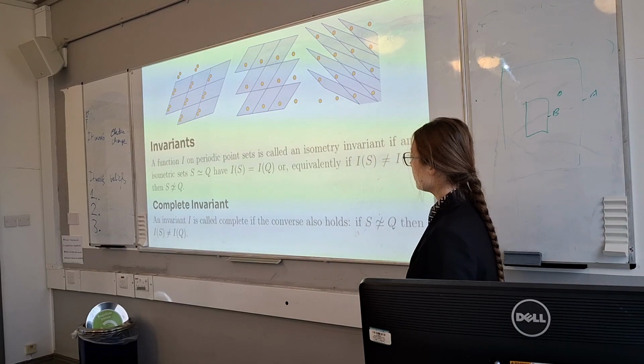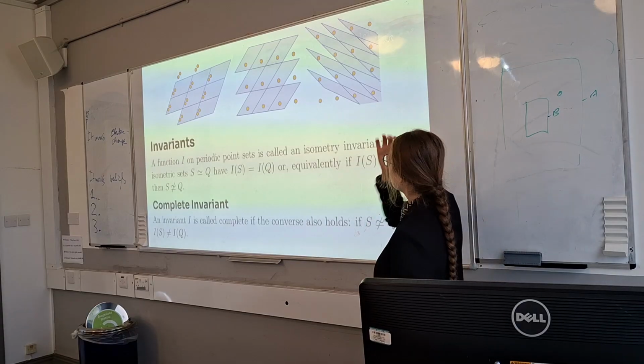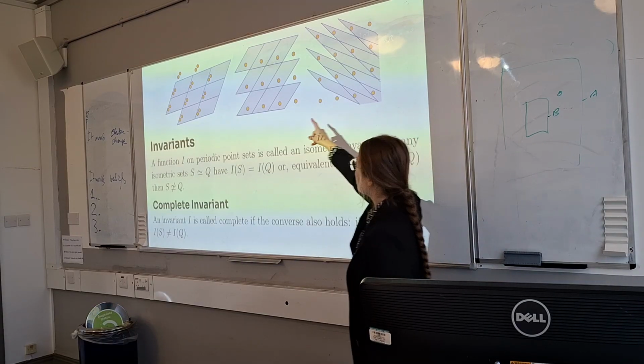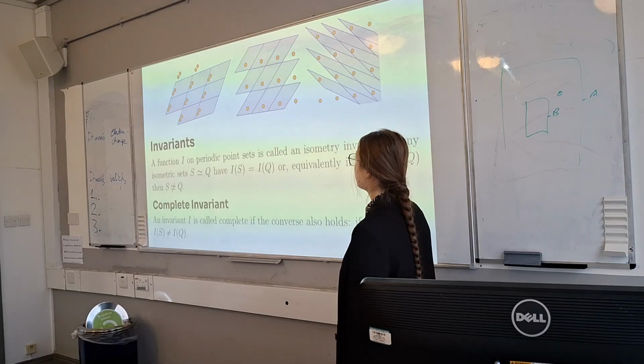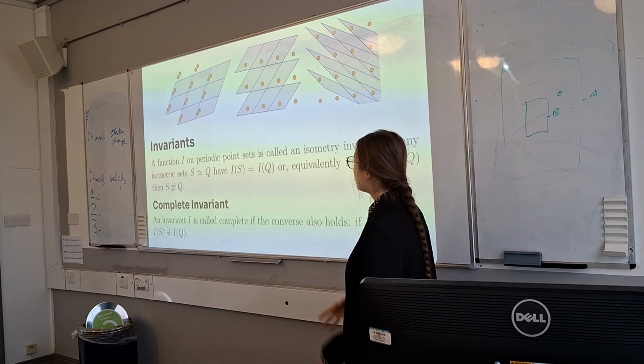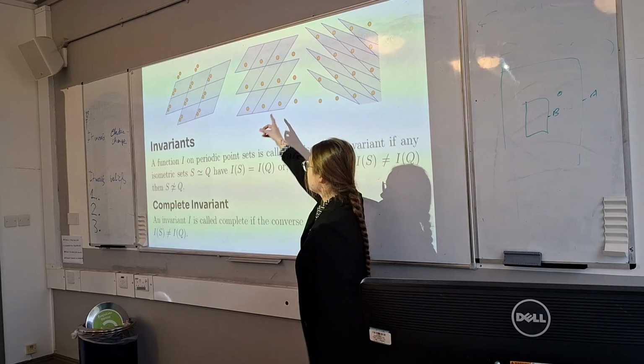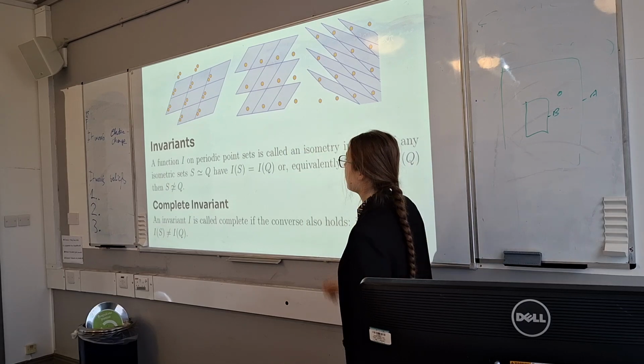For example, here, we want these to be the same. These are equivalent under isometry, so we would expect our invariant for this to be the same as our invariant for this.